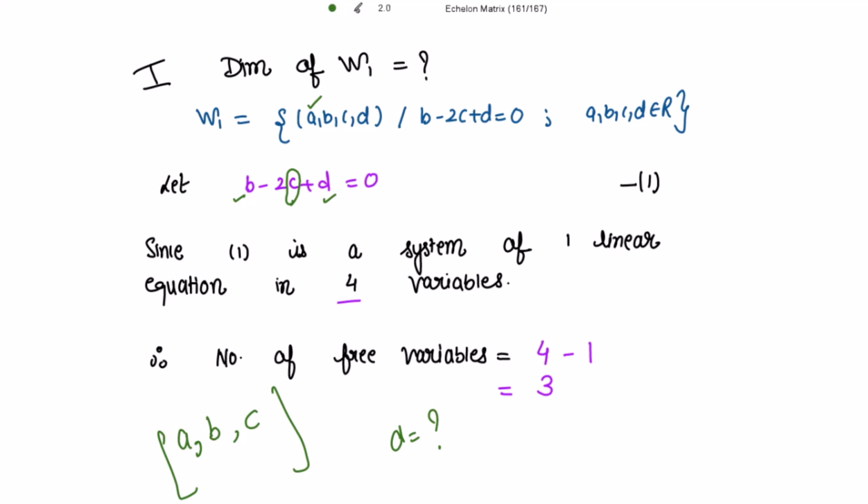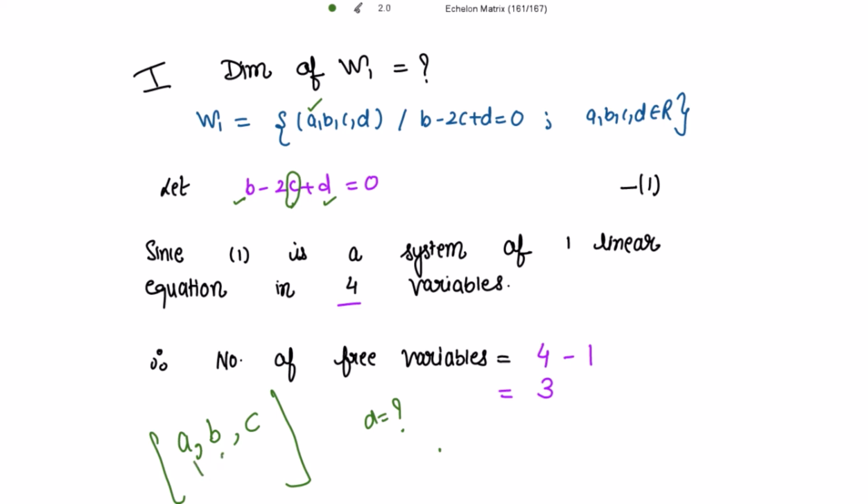Now, what values do you have to give? Just remember the format. If you are having 3 variables, then just write the 3 by 3 identity matrix. So it is 1, 0, 0, 0, 1, 0, 0, 0, 1. That means first A is taking the value 1, B is having the value 0, C is having the value 0.